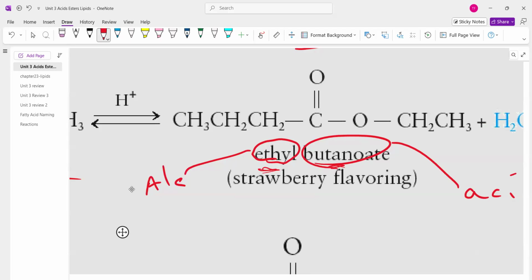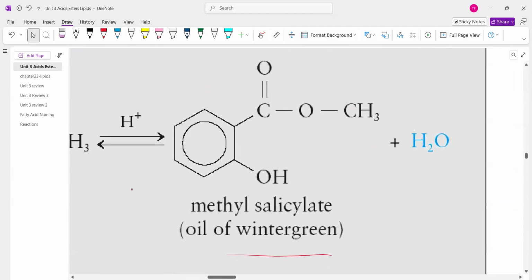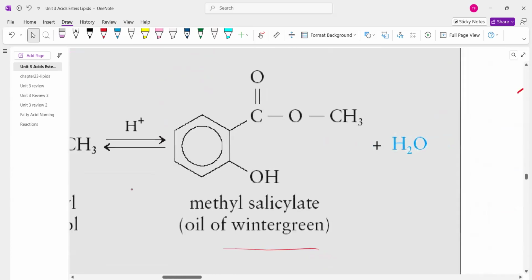So this came from a 2-carbon alcohol, and that came from a 4-carbon acid. One carbon alcohol. Oh, this is complicated. It's got 7-carbon salicylic acid.